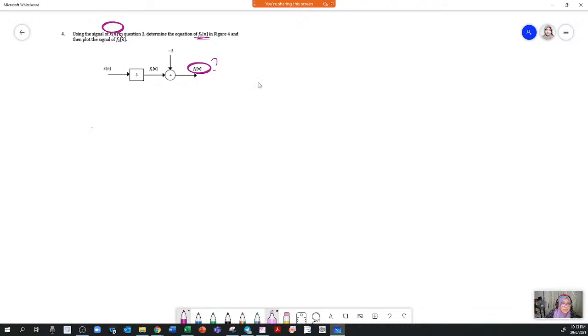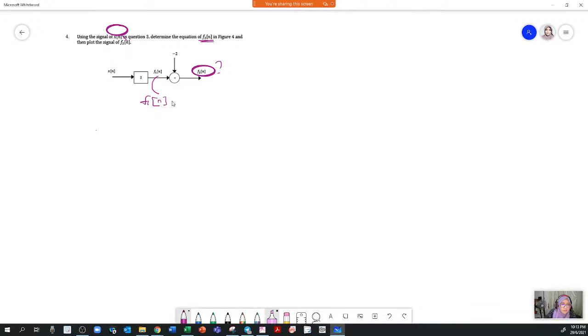Right now it looks not that difficult. What you need to do is look at the block diagram. It looks complicated, but don't panic. Write out the equation f1[n], which is 3 times x[n], the amplitude times x[n]. Now what is f2? f2[n] is f1[n] minus 2, because you have the minus 2.